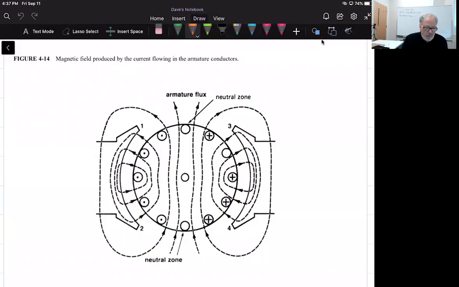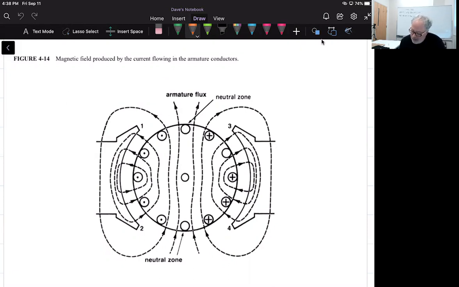Figure 4.14 is showing the magnetic field that's produced by the current flowing through the armature conductors when we connect a load to the DC generator. A couple of things to observe when we're looking at that.